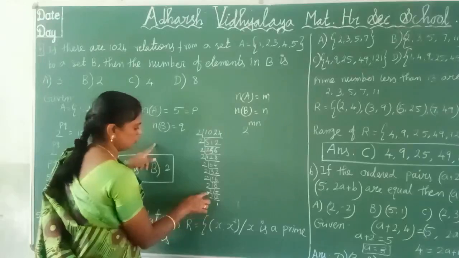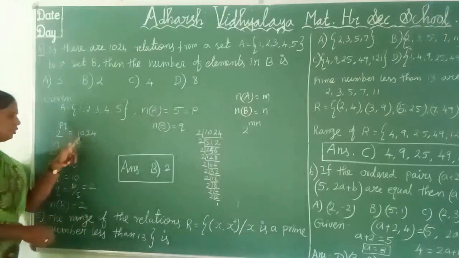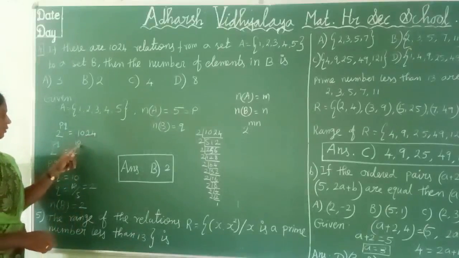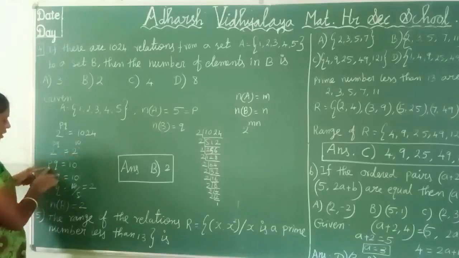So how many times? 1, 2, 3, 4, 5, 6, 7, 8, 9, 10. So 1024 can be written as 2 power 10. So 2 power PQ is 2 power 10. Here the bases are equal, so equating the powers, PQ is equal to 10.